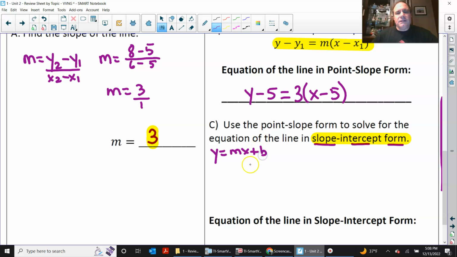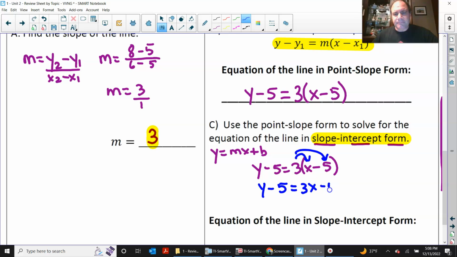So we're going to rewrite y minus 5 equals 3 times x minus 5. And we are going to solve it for y, because at the end, it's going to be y equals mx plus b. So we're going to have 3 times x and 3 times negative 5. So we have y minus 5 equals 3x minus 15. One more step, and we solve for y: plus 5 plus 5.